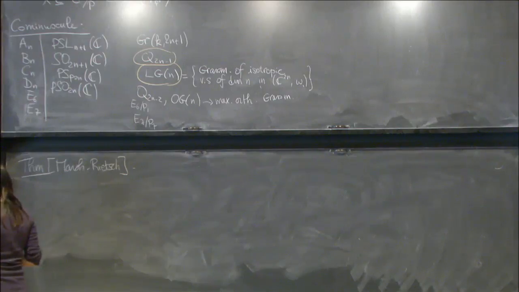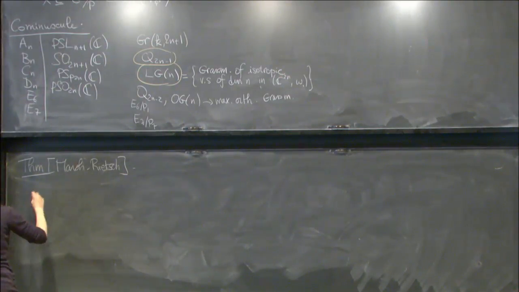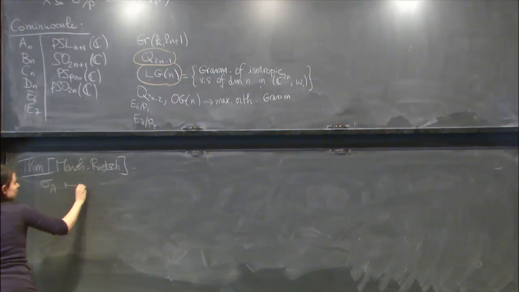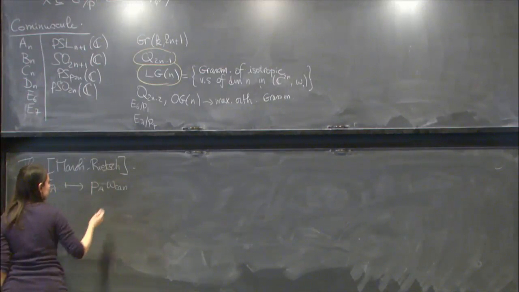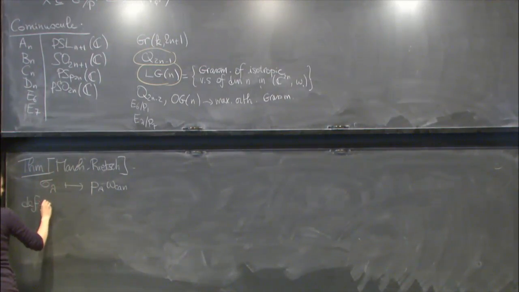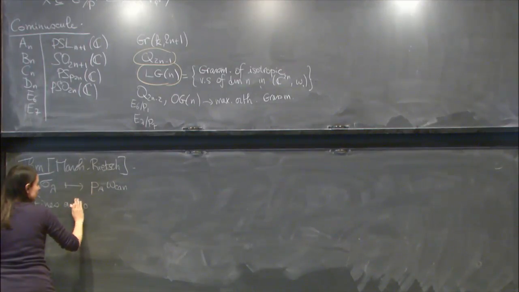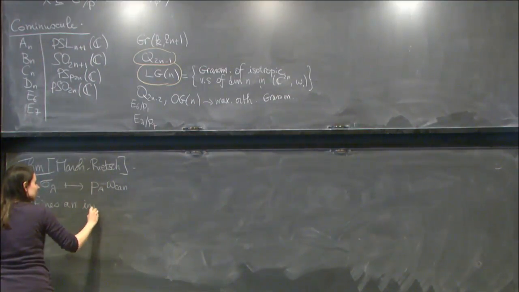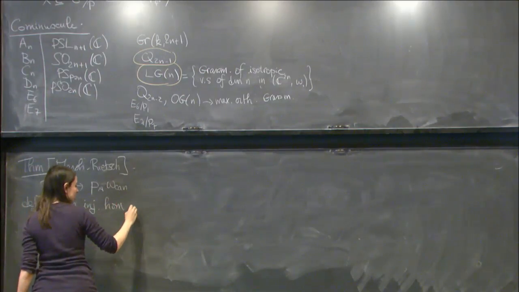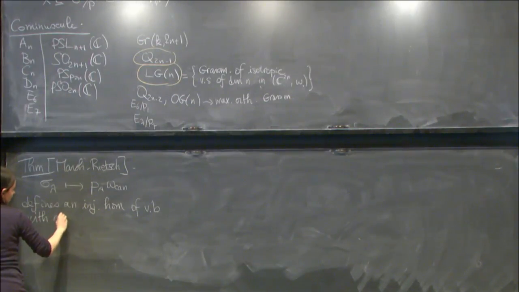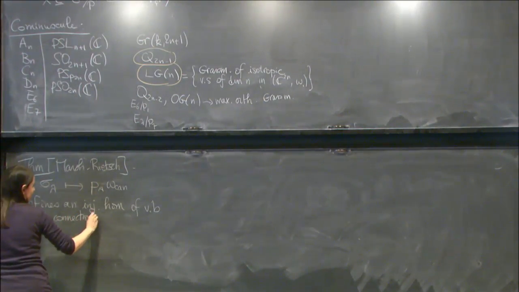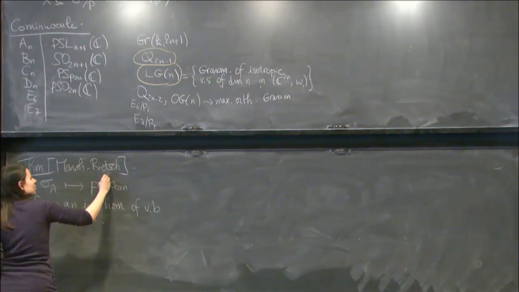They prove that if you take this mirror, assigning sigma lambda to p lambda canonical form defines an injective homomorphism of bundles with connection. Okay, so that's from 2013, I think.